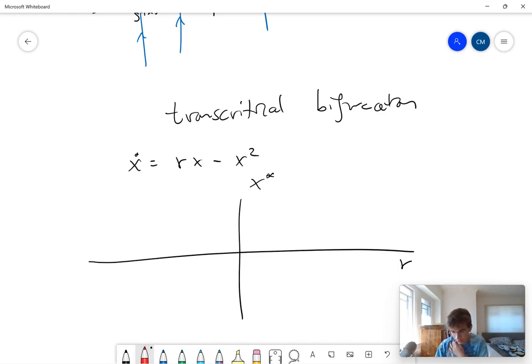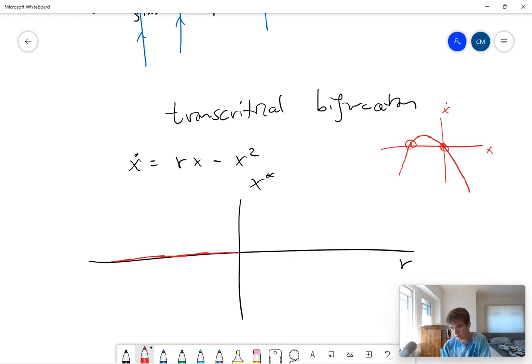And I'm going to plot it in red. So essentially, remember that for r less than 0, our diagram is going to look something like this. Okay, here's x dot, here's x. And so we're going to have the non-trivial root is unstable and the origin is stable, okay? So here, for r less than 0, the origin is going to be stable.